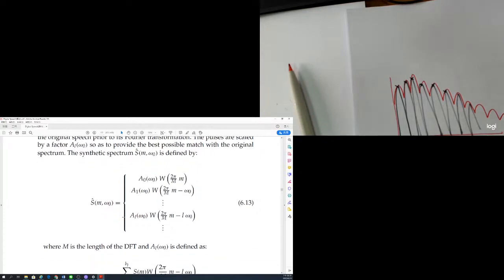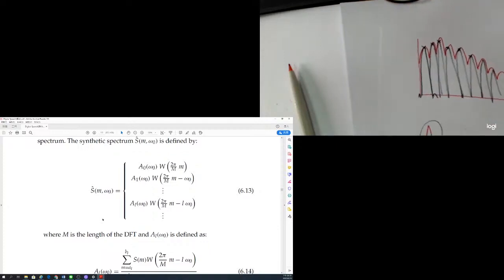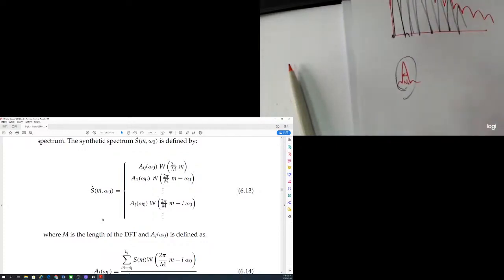And then, similar to your omega 0, sorry, this one is our original.